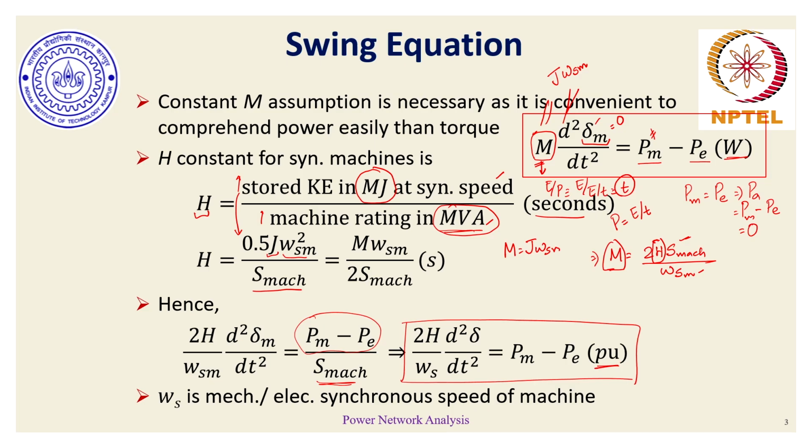So maybe towards the end of this particular module, in fact the last lecture of this module, we'll understand at length the importance of this inertia constant H, specifically in terms of renewable energy integration.